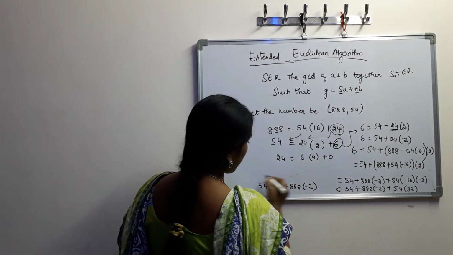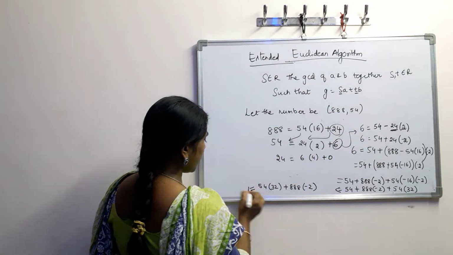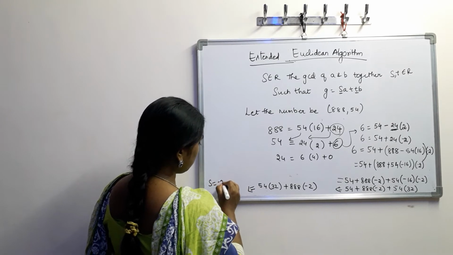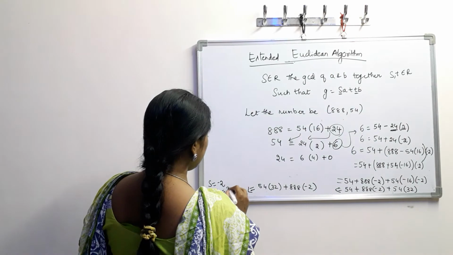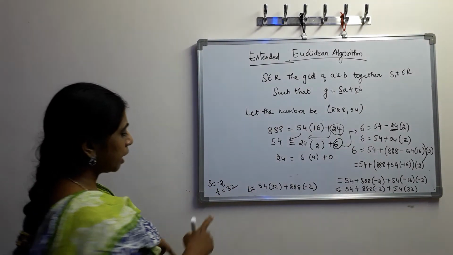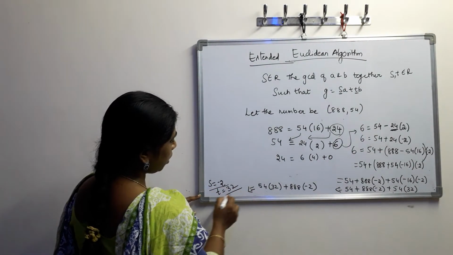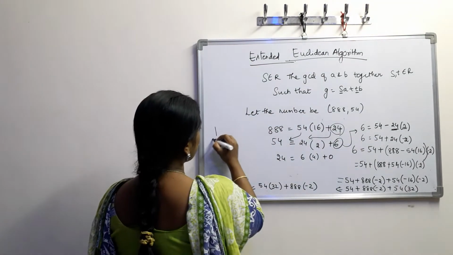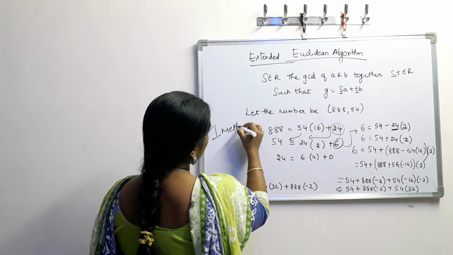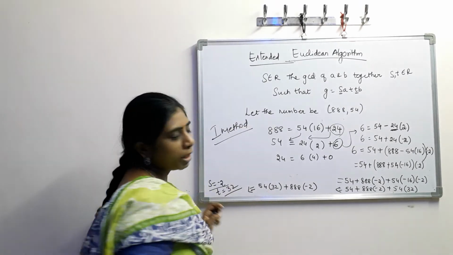For the S value here you can write S is equal to minus 2 and the T value is equal to 33. So you can get the answer as S is equal to minus 2 and T is equal to 33. So this is the first method that we can solve using the Euclidean algorithm.